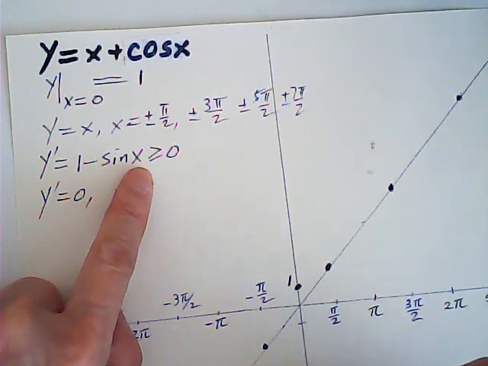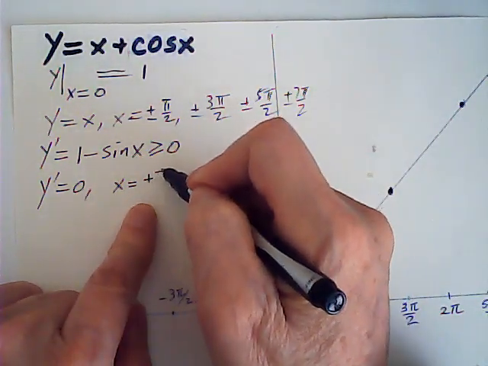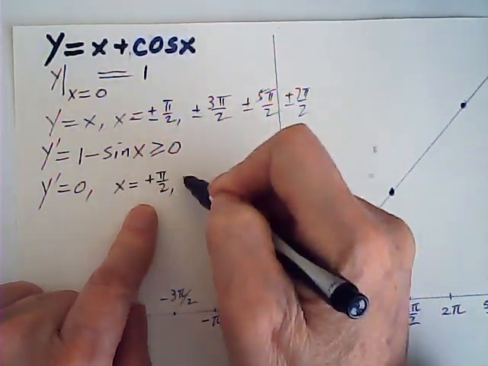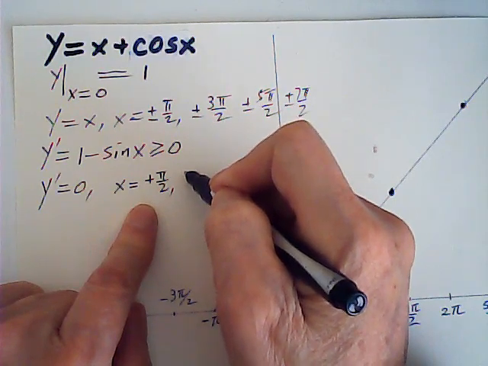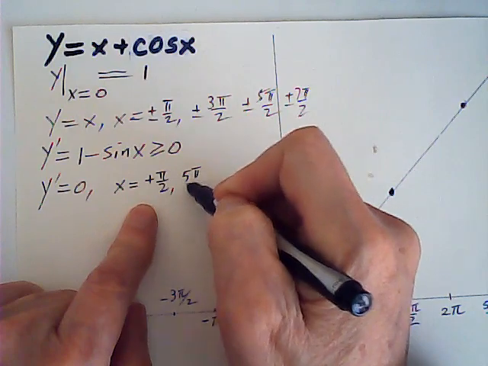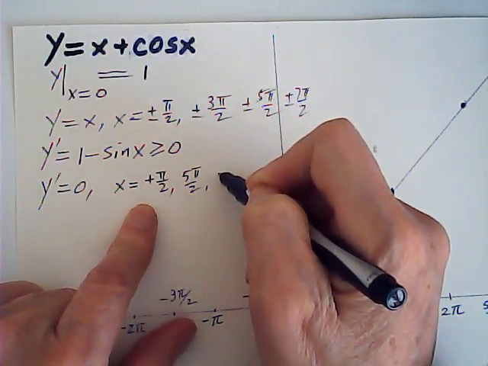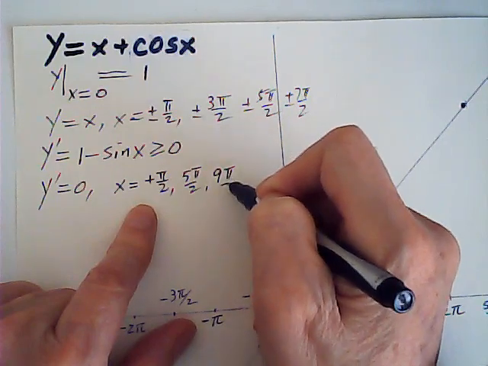Sine x equal to 1 is half pi, right? And 5 pi over 2, and 9 pi over 2.